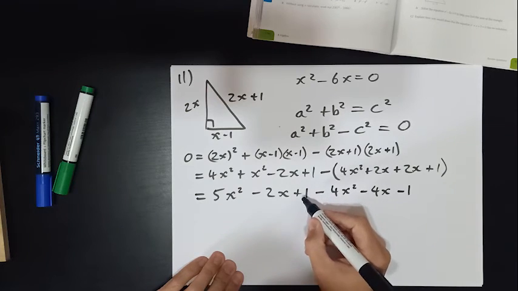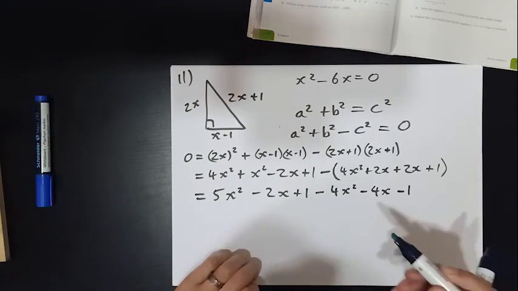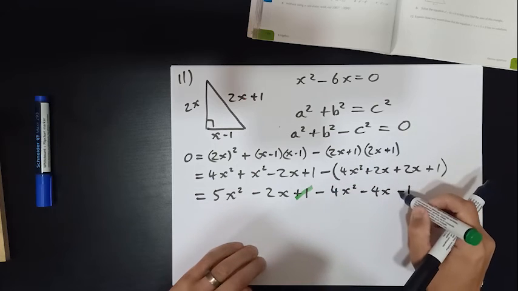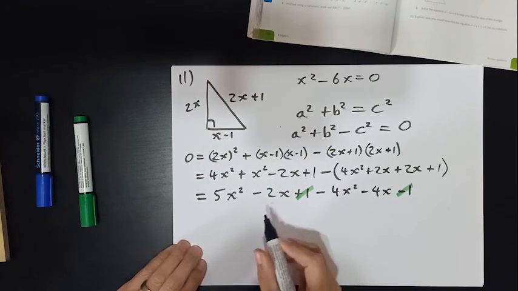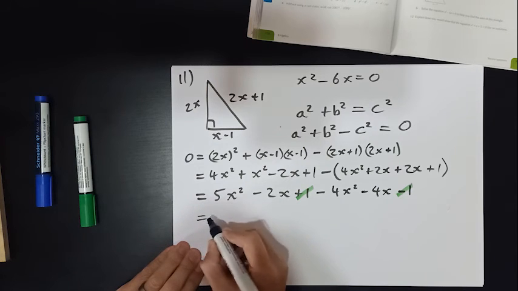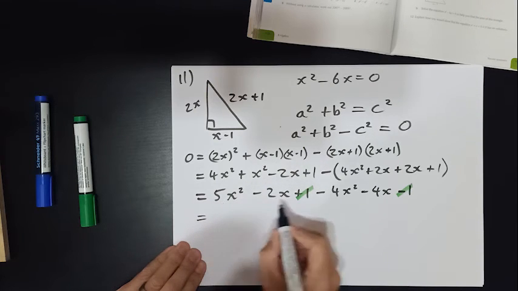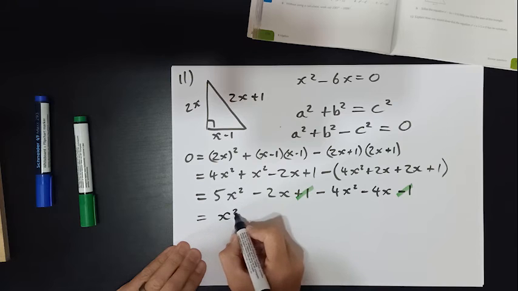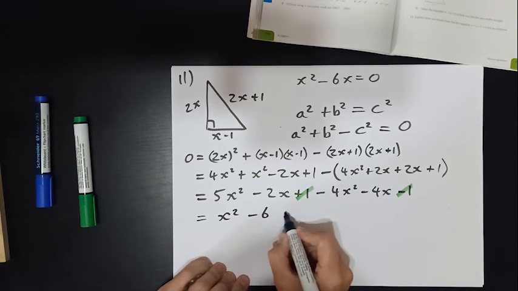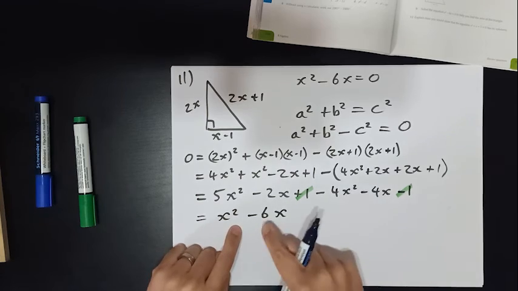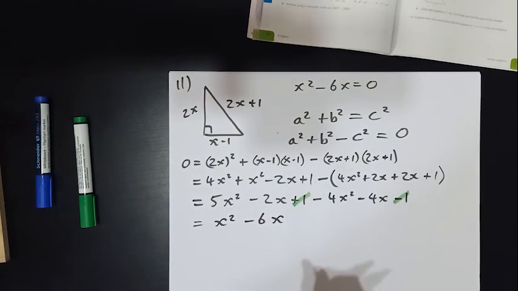So we've got plus 1, minus 1. Cancel them. Then we end up with 5x squared minus 4x squared, x squared. Minus 2x minus 4x, minus 6x. Oh, there we go. Woo, that was long.